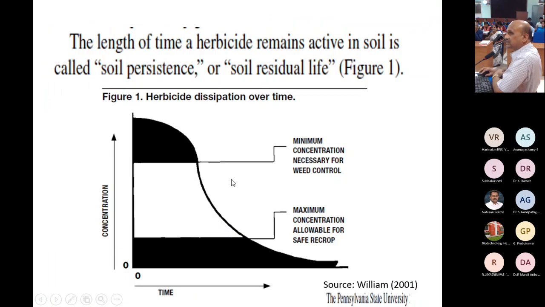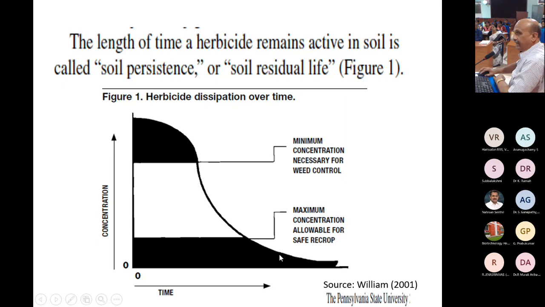This graph indicates the length of time a herbicide remains active in soil, called soil persistence or soil residual life. This is the minimum concentration of herbicide required to bring about the herbicidal effect. We have to see that beyond this point, if the concentration remains, it will damage the succeeding crop.